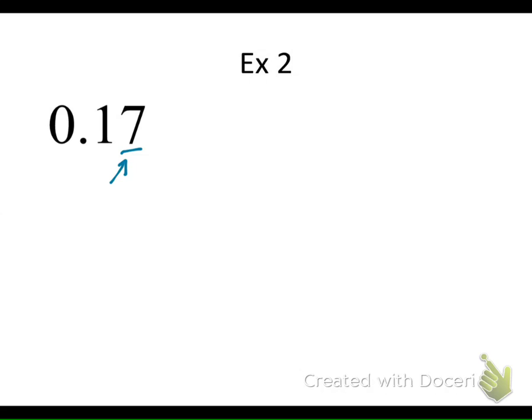Hundredths. So go ahead and write hundredths underneath. So then you're going to do 17 over 100. We took the decimal without the decimal point, and we put it in the numerator, and then we put the place value as the denominator.